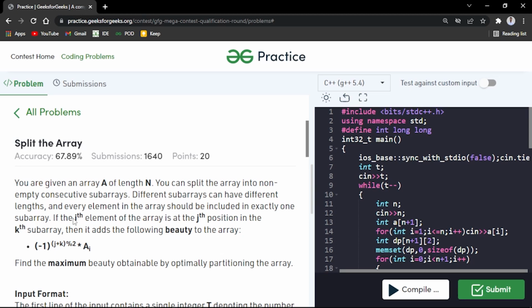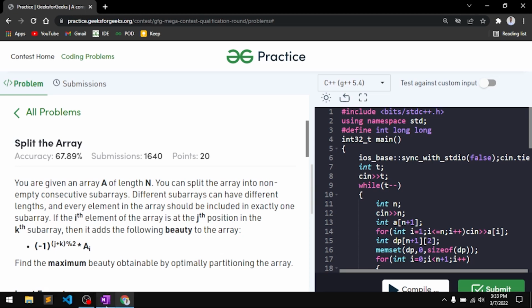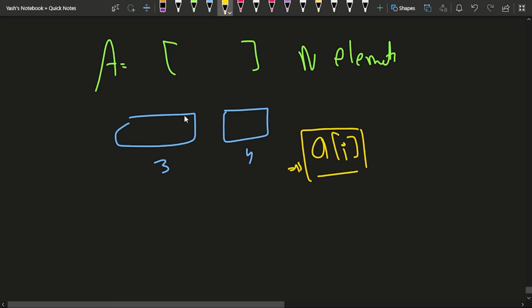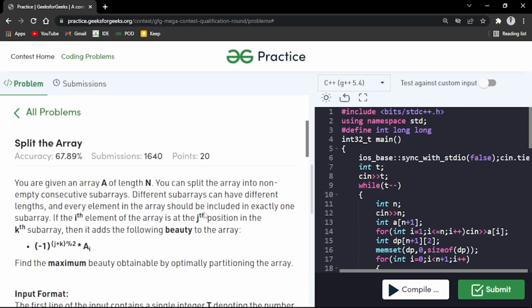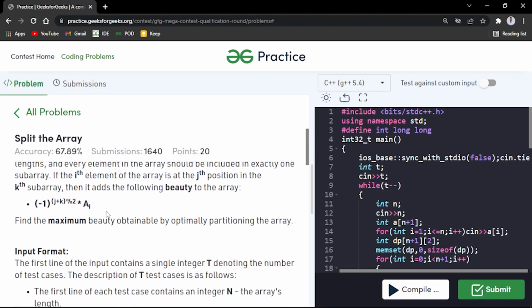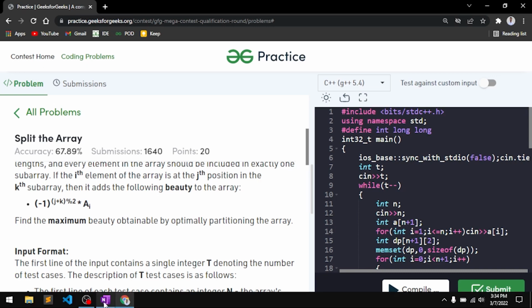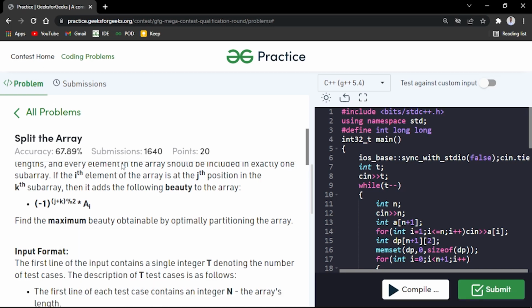Now the question says that if the ith element is at the jth position in the kth subarray, so suppose that this was the ith element in the array, right? So if the ith element in the array was ai, and suppose it is at the jth position in the kth subarray, then it will add this much beauty to the array, and the beauty that it will be adding is minus 1 to the power (j plus k) mod 2 into a of i, right?